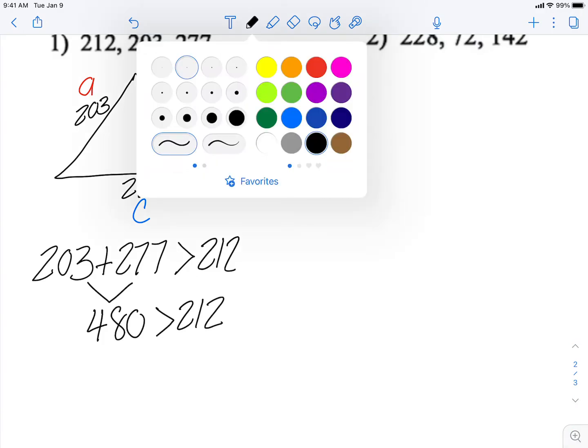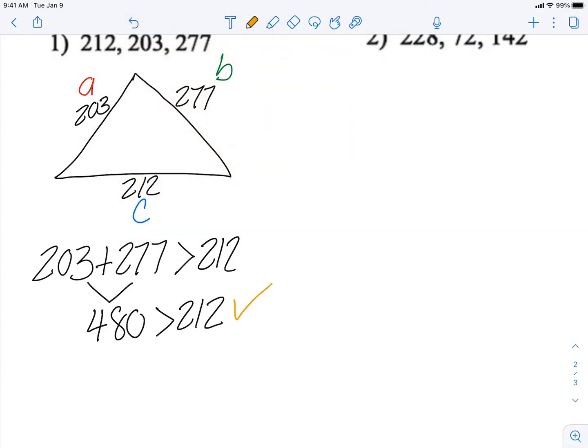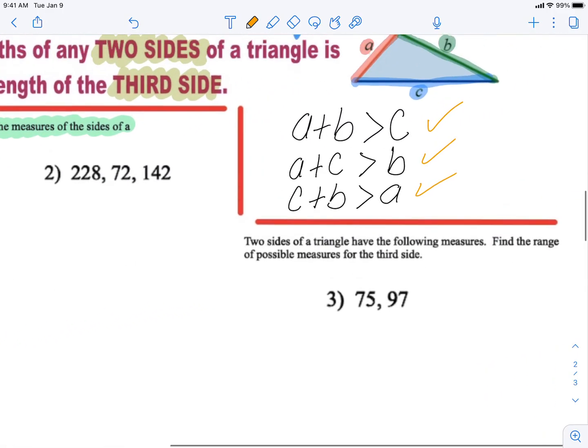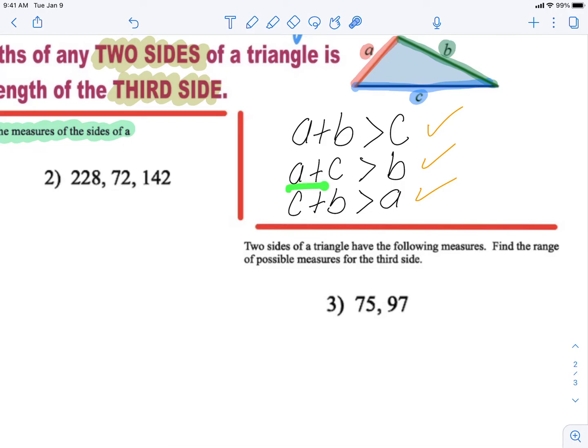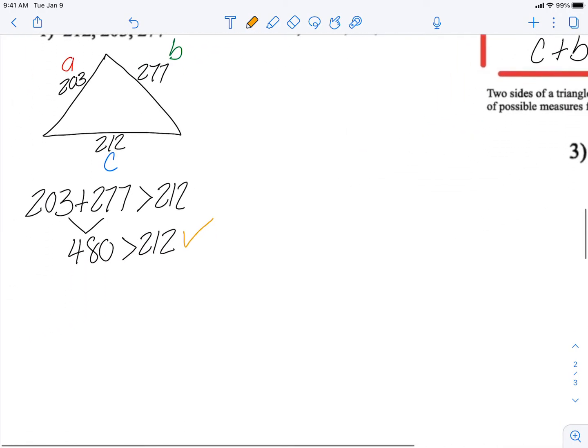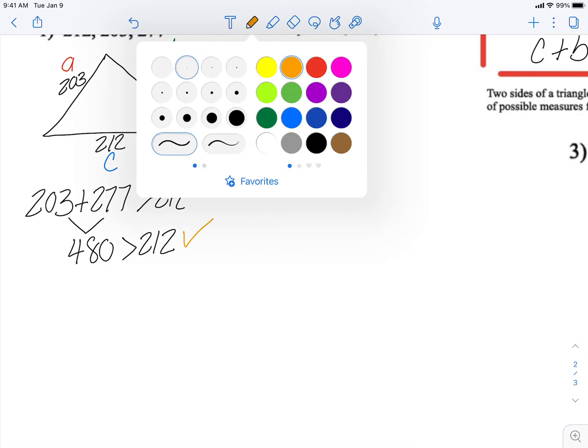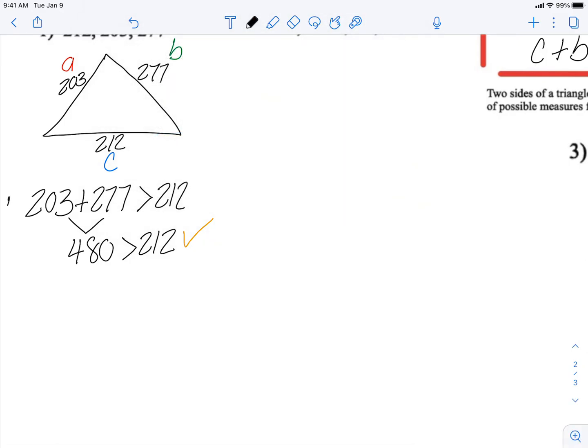So I can put a check here. Check one done. Next, A plus C is greater than B.